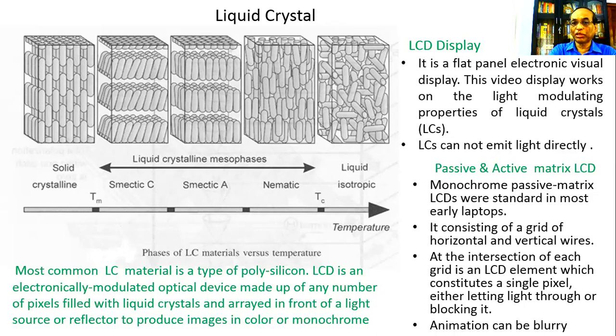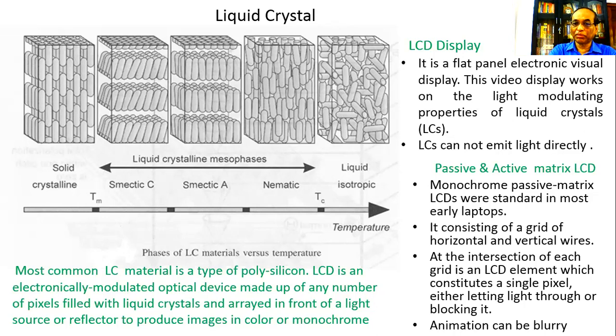There are two types of illumination. Depending upon that, LCDs are categorized as the passive and the active matrix LCD. Monochrome passive matrix LCDs were standard in most early laptops and other small display devices. It consists of a grid of horizontal and vertical wires.